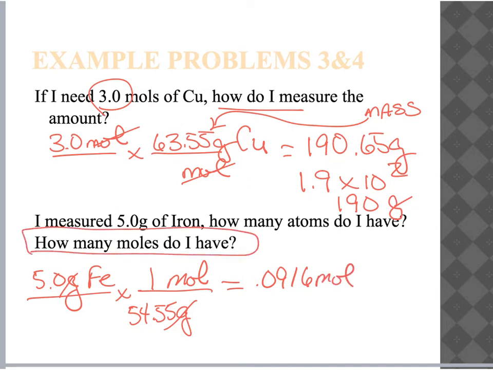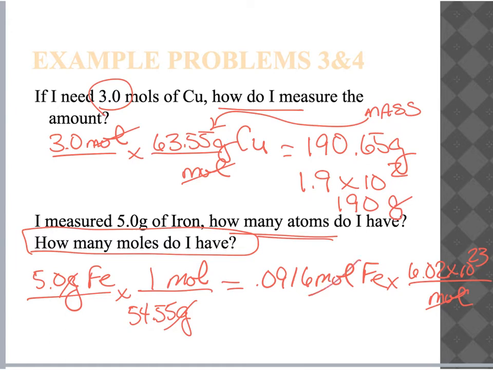Now I know how many moles of iron I have, but I also want to know how many atoms are in that. And if you look, moles are kind of in the middle of this dimensional analysis problem. I'm going from grams to moles, and then if I want to go from moles to atoms, then I need another conversion factor. I'm going to have moles on the bottom, and Avogadro's number on top.